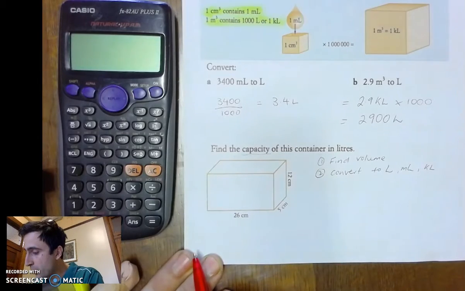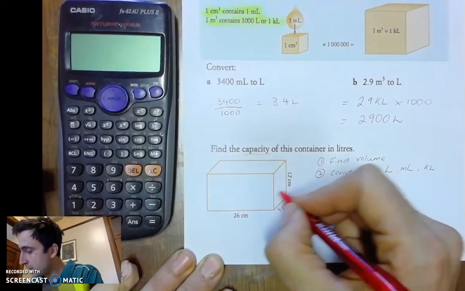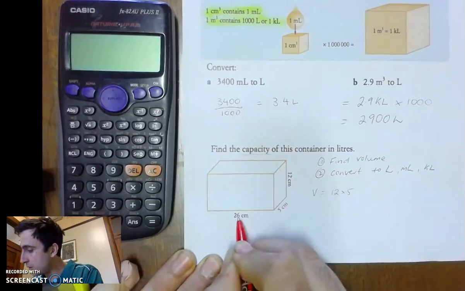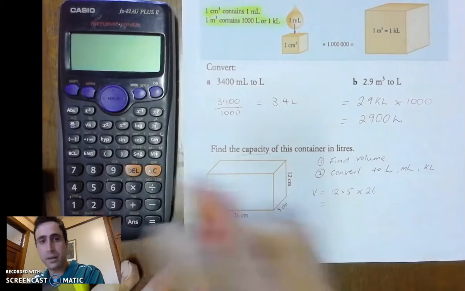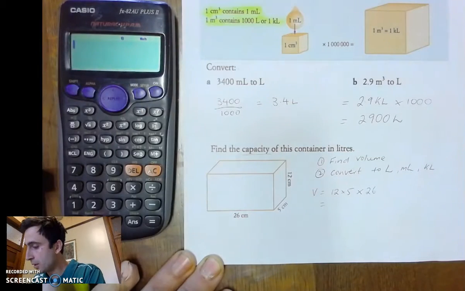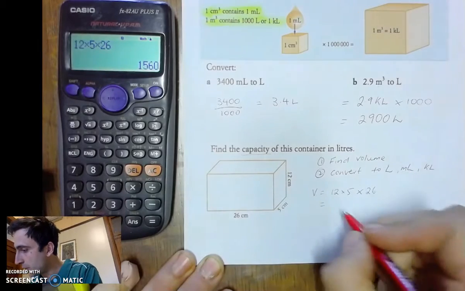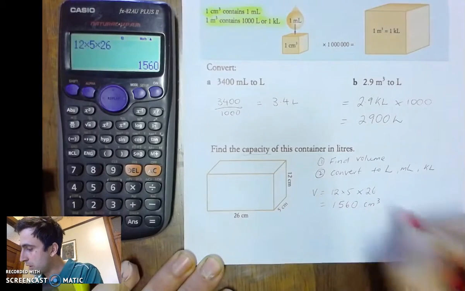We know the volume of any rectangular prism is going to be area of the base times height. So volume is 12 times 5 times by how deep it is, 26. Let's type that into our calculator. 12 times 5 times 26 is 1,560 centimetres cubed. So that's the first part.